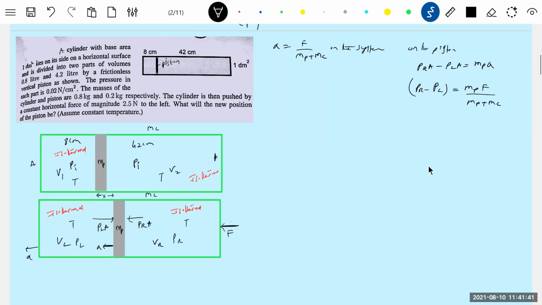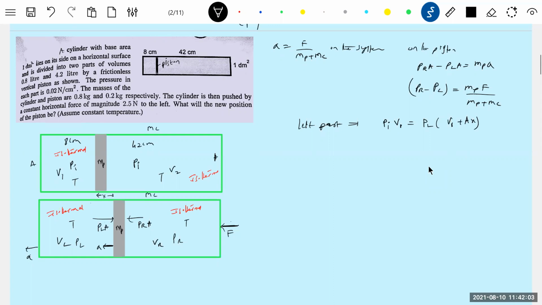Based on that, in the left part, we'll write some equations. Initial pressure Pi, volume V1, should be equal to final pressure PL, volume V1 plus Ax. Directly let me write it.